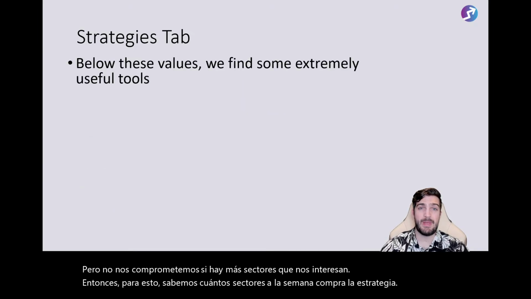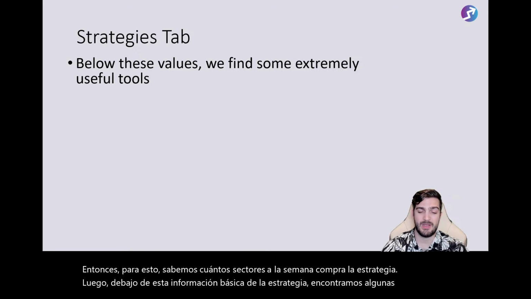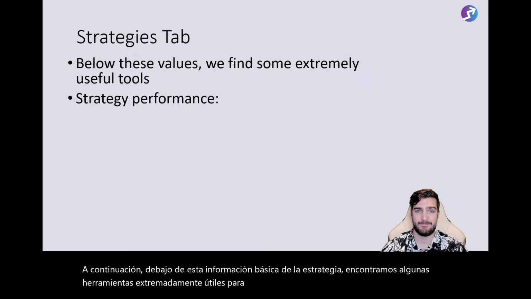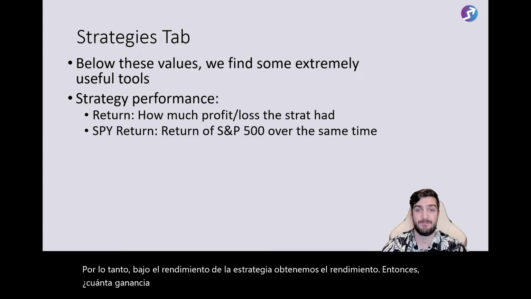Then, below this basic strategy information, we find some extremely useful tools for understanding and comparing strategies. So, under strategy performance, we get the return. So, how much profit or loss has the strategy had?